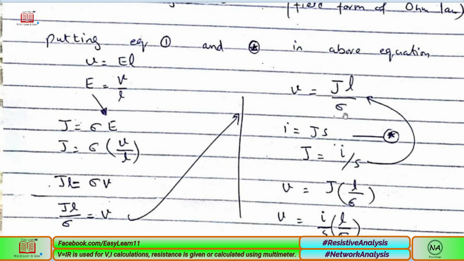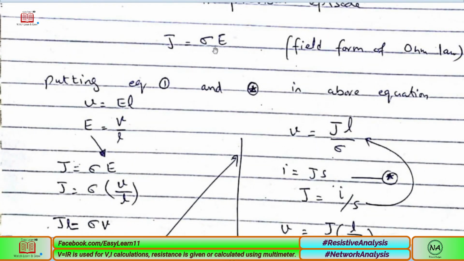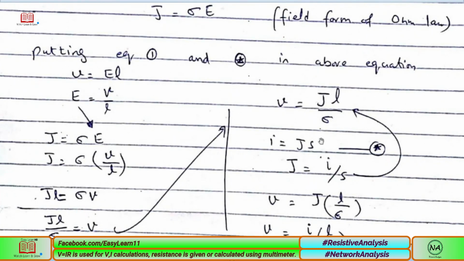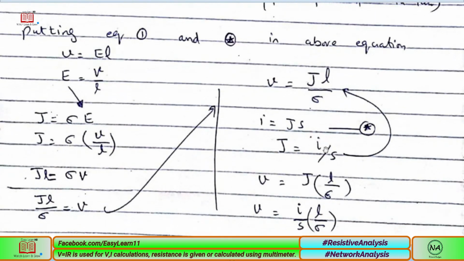Now we also need to substitute the value of J. As I said, J equals sigma E. We need to substitute the value of the current density J and the value of the electric field E, so two values need to be substituted in this equation. The first one is already substituted, while for the second one, the current density, we are going to use equation number star. I equals Js, this is equation number star.